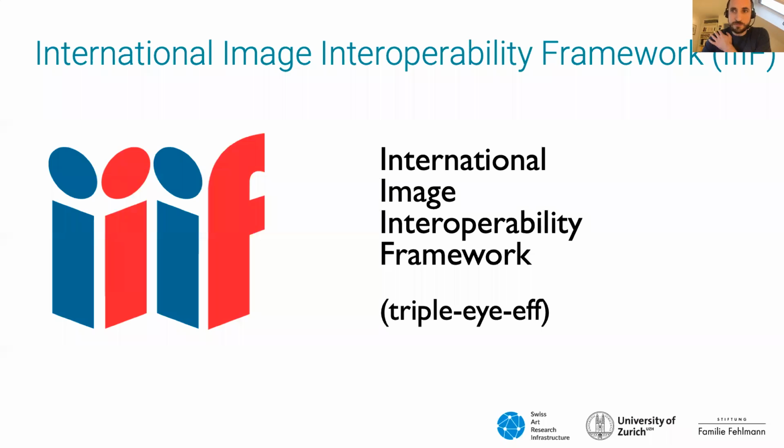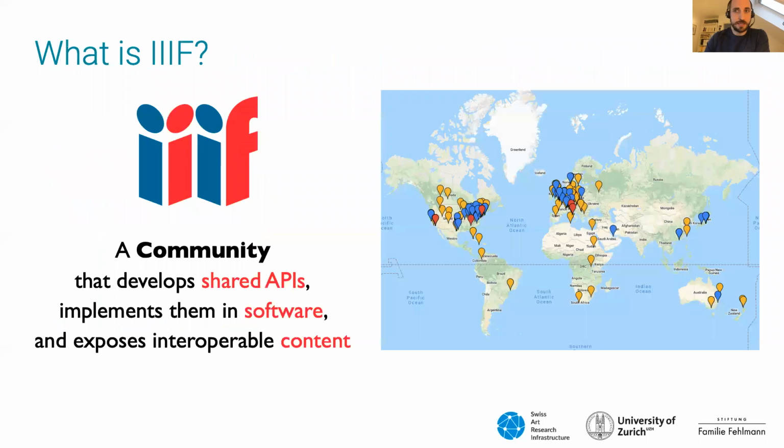IIIF stands for International Image Interoperability Framework. It's quite a mouthful, so better to say IIIF. It is first and foremost a community, a global community that develops shared APIs, implements them in software, and exposes interoperable content.